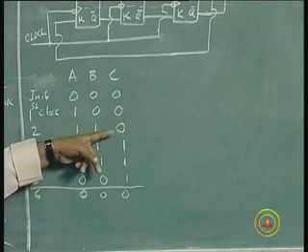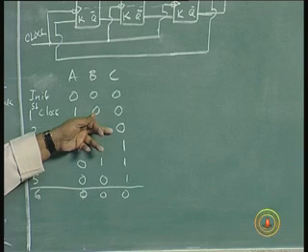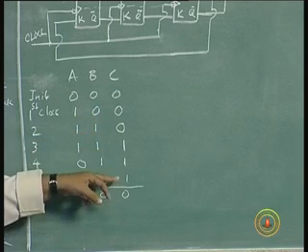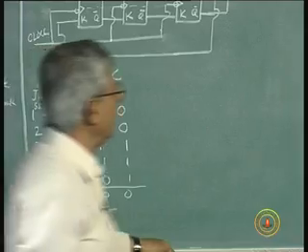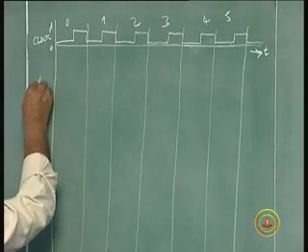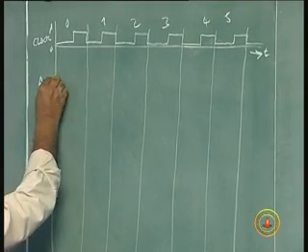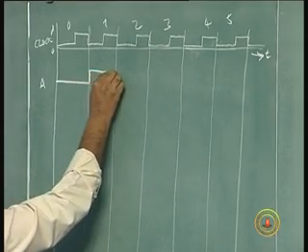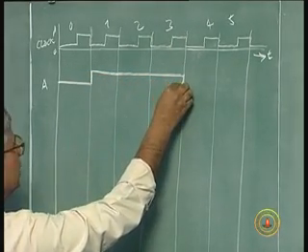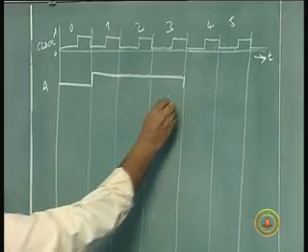C becomes 0 to start with, for the first 3 clocks it remains 0, the second 3 clock pulses 1, then again 0, then again 1. So when I draw this for the A, B, C pattern, A would be 0, then becomes 1, remains 1 for 3 clock pulses, and then remains 0 for the rest of it.